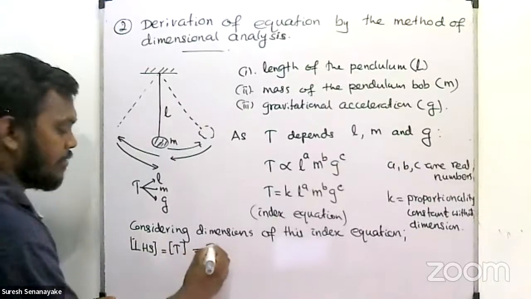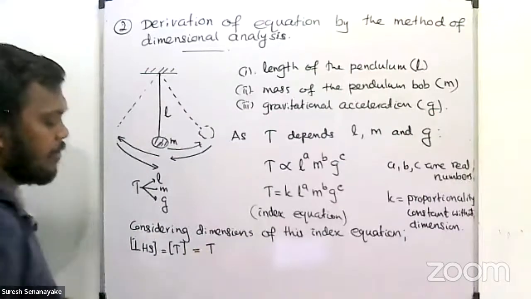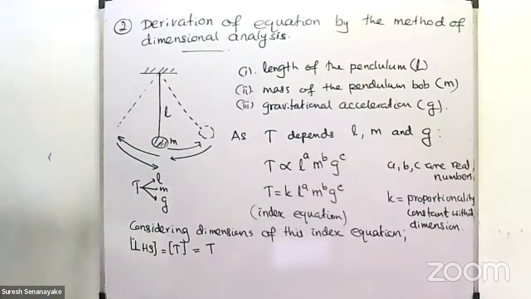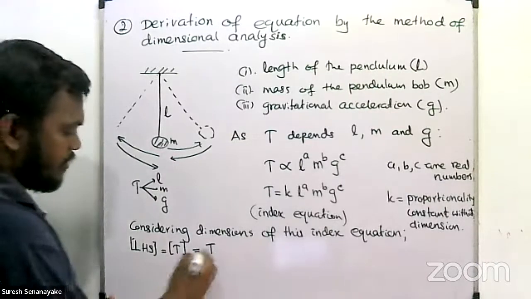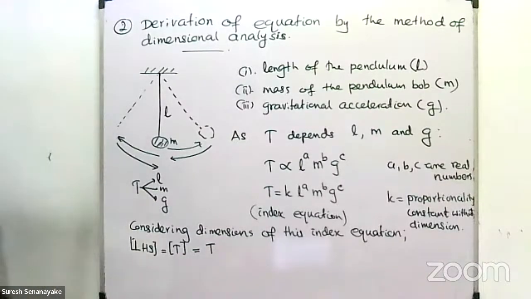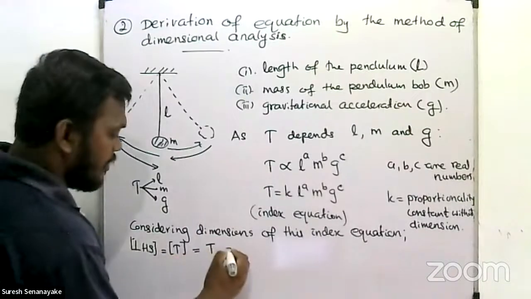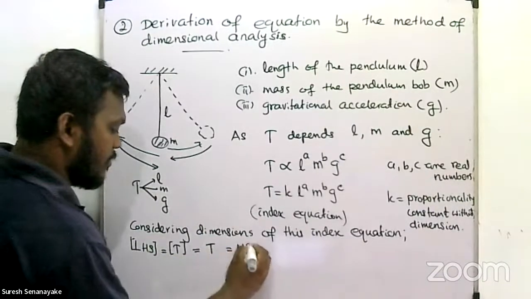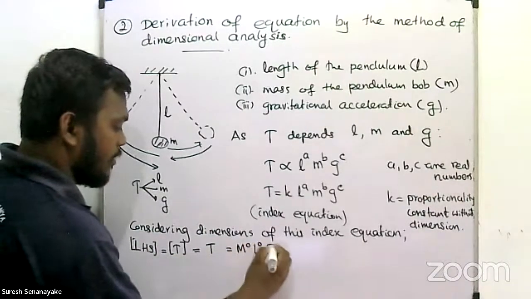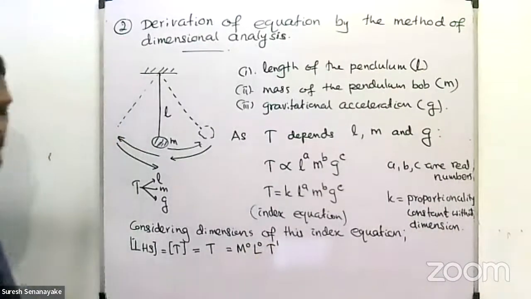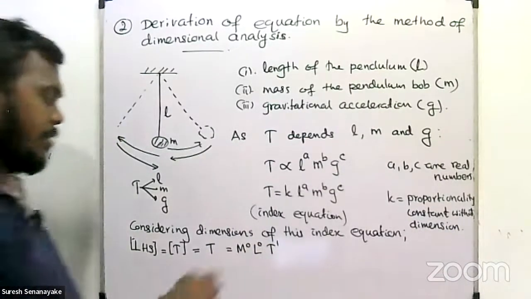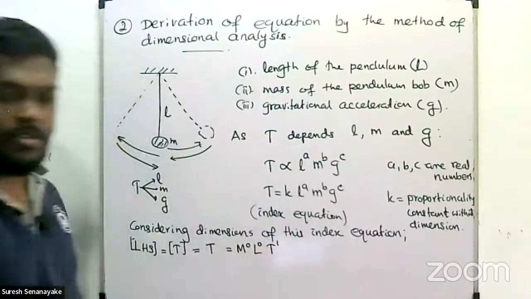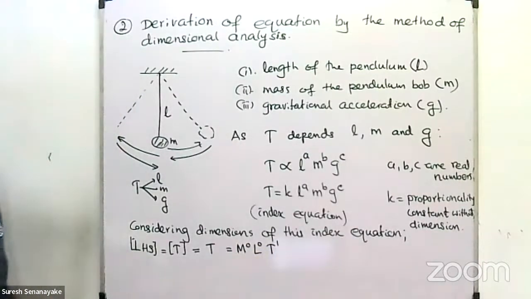So it has a dimension, that is time dimension T, so that is T to the power 1 actually. So this dimension you can write as M to the 0, L to the 0 and T to the 1. Last day I gave you how to write that.